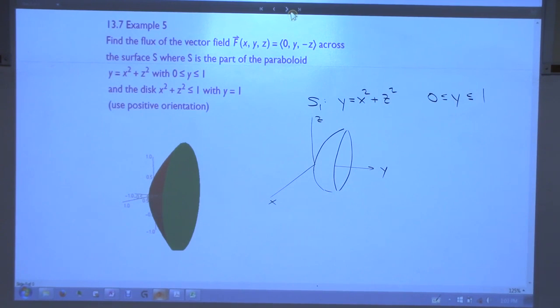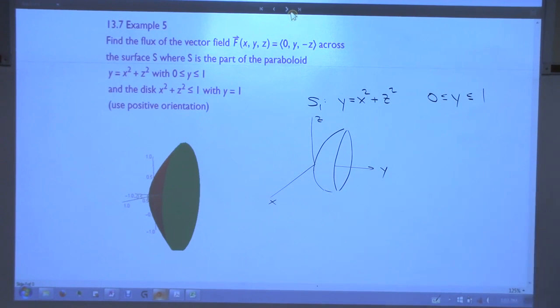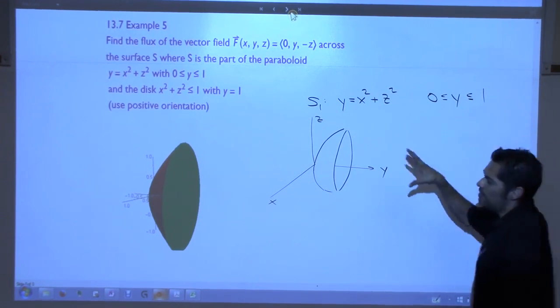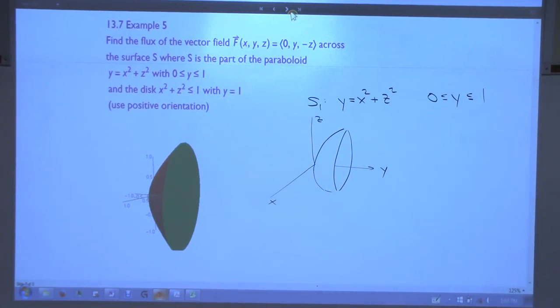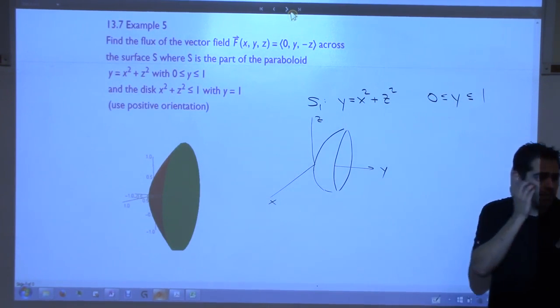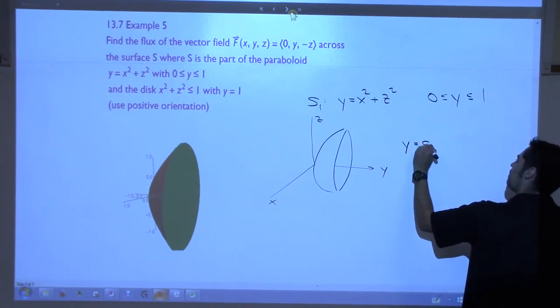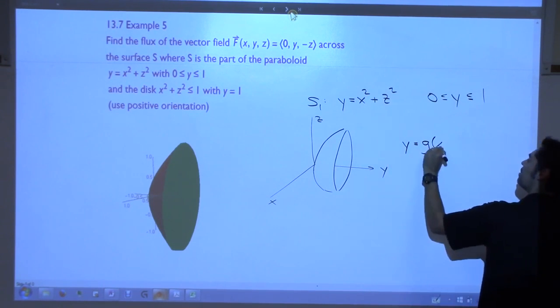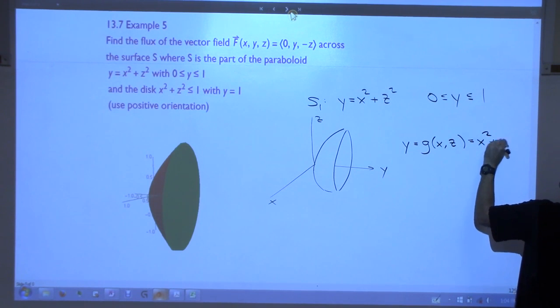And if we call this S1, then to find the flux, what we can do first is see, is S1 a special case? Well, if you can get one of the variables explicitly in terms of the other two, then it is. And I believe that I could write y as a function of the two other variables, x and z, right? And therefore, it would be a special case.